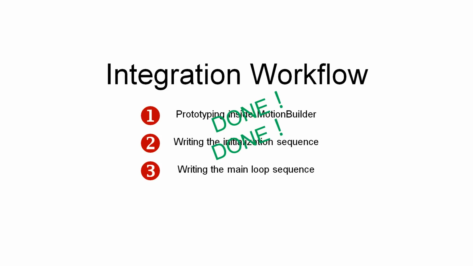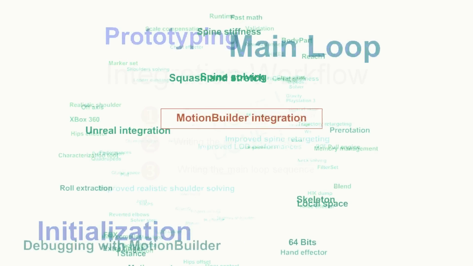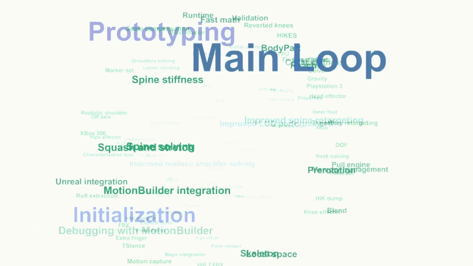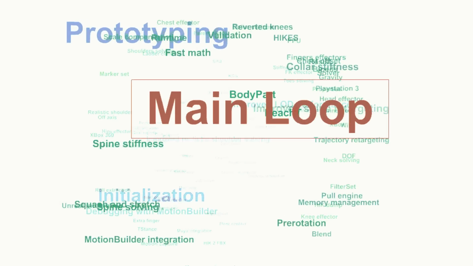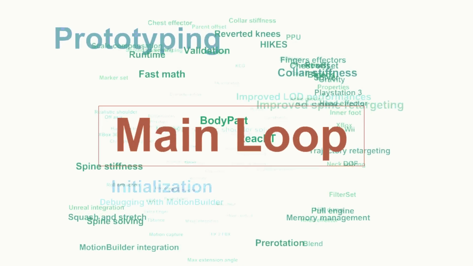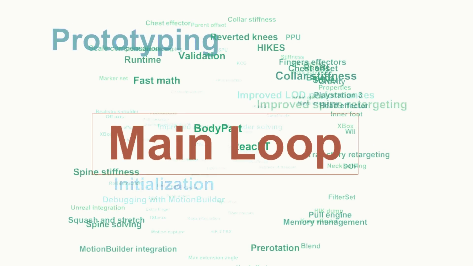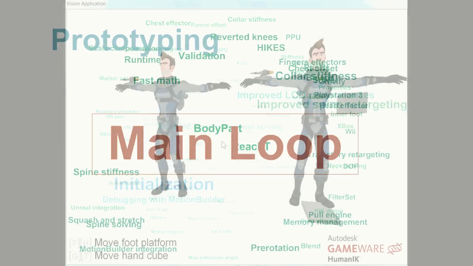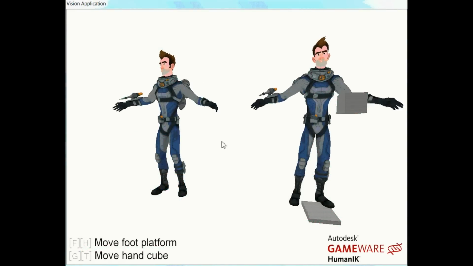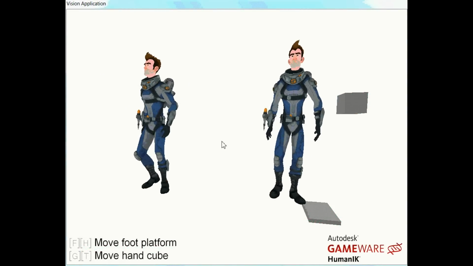The main loop sequence is going to be a little bit harder to implement. If we run our game engine again, after writing the initialization code, nothing changed. There is only FK running on the characters.